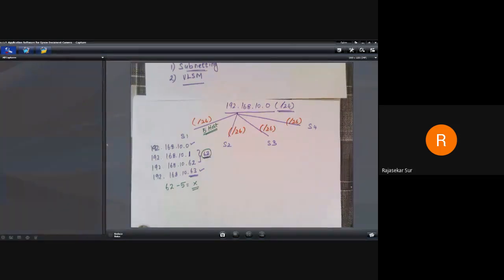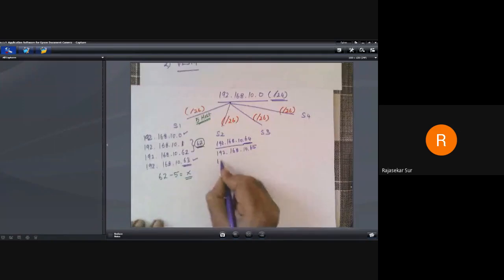If you see the second subnet, it is the same concept. 192.168.10.64 is going to be the subnet ID, because 63 we finished here. The first host ID is 192.168.10.65.